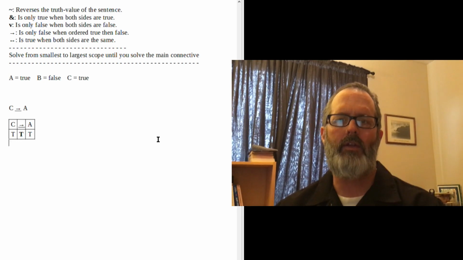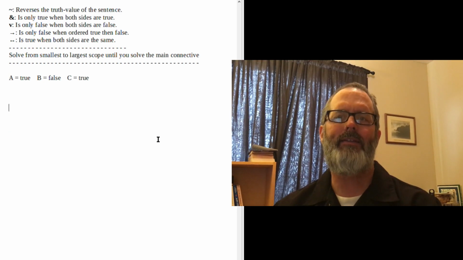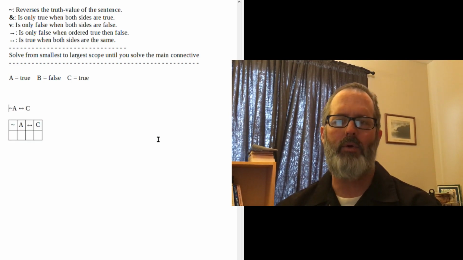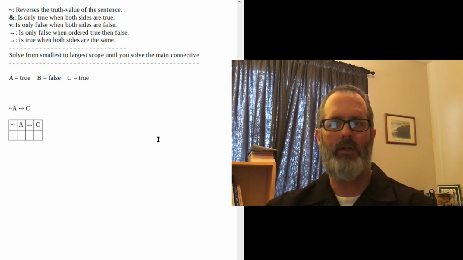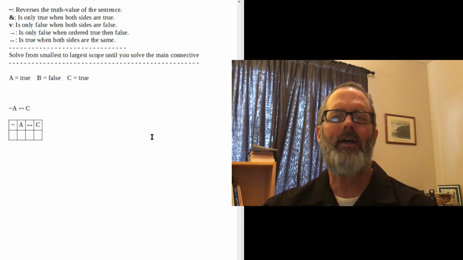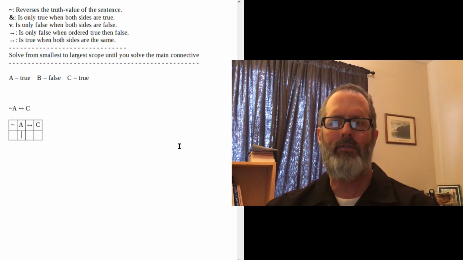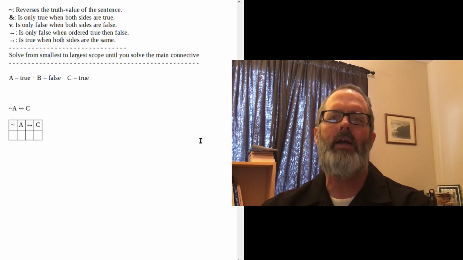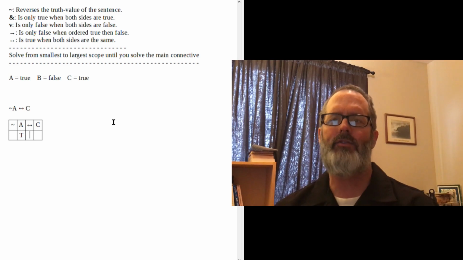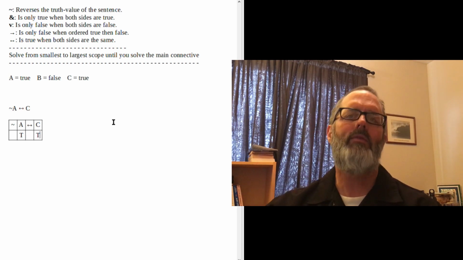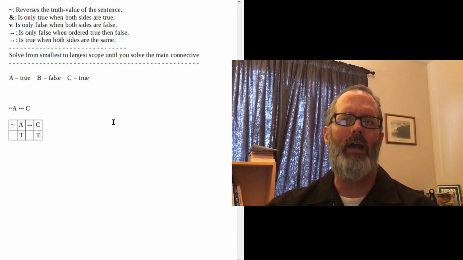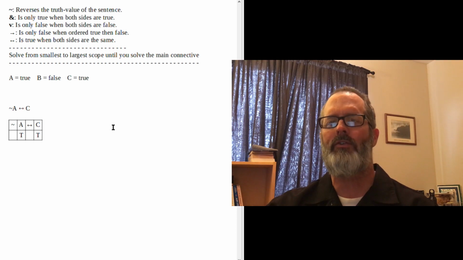All right, so let's continue to the next one. The next sentence, here it is, right? I put it up above and in the table. Here, we're getting a little more complex, and so now we have to pay attention to scope. But the smallest scope will always be the basic sentence letters. According to our dictionary right up above, A is true, C is true. Now we have more complication, so we have to worry about smallest to largest scope.